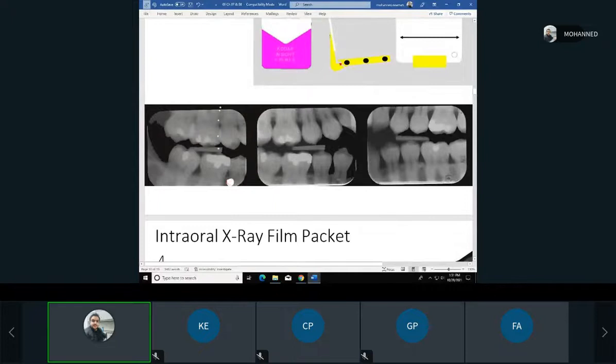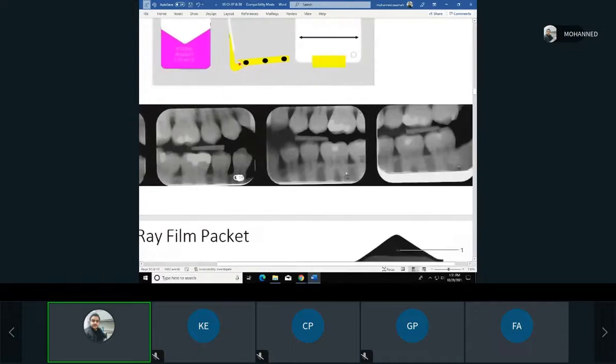So I took a picture here. What side is that of the patient? Right side. Yes, that is the right side. Then I took another picture here and kept the dot on the mandible. And then another one here, and I kept it on the mandible. And another one here, also on the mandible.